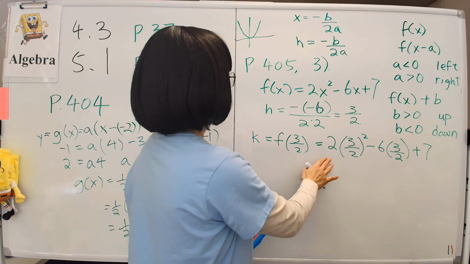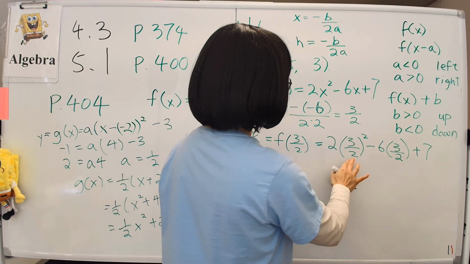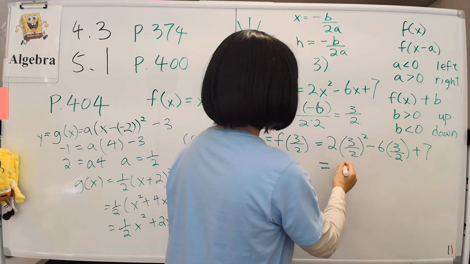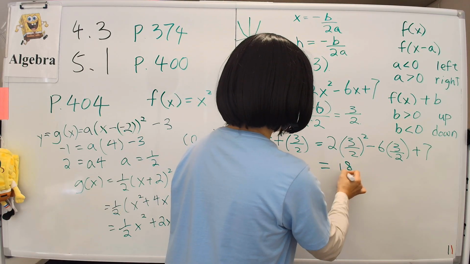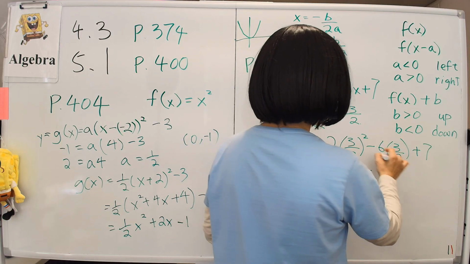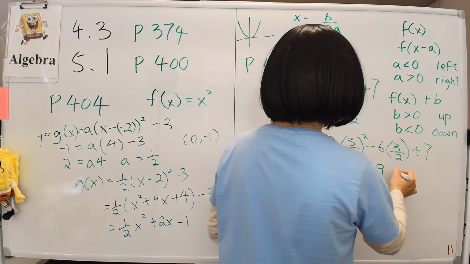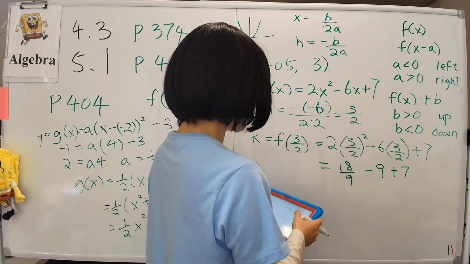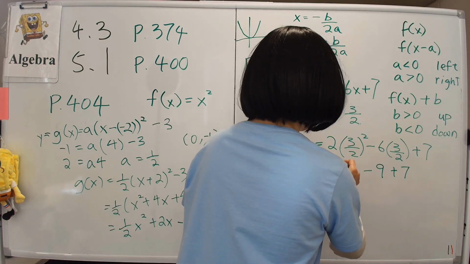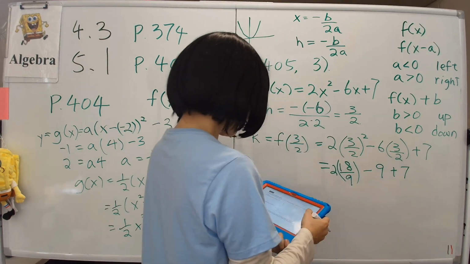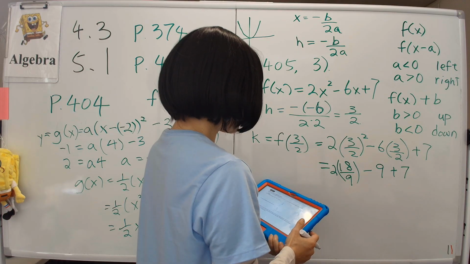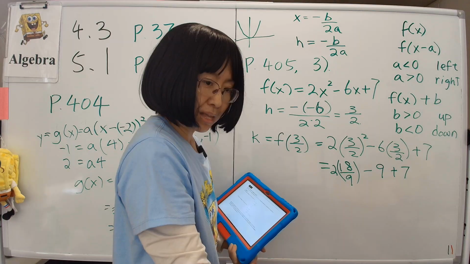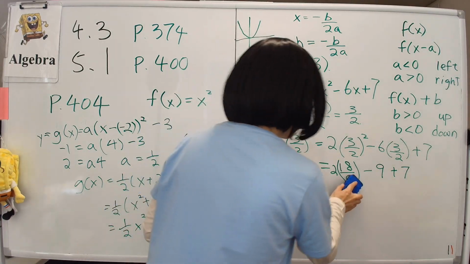So we'll just calculate this out. That's 9 times 2 is 18 over 2, which is just 9, and plus 7. So k should be equal to, am I missing a 2 here? Yeah. I have a mistake here, that doesn't sound right.